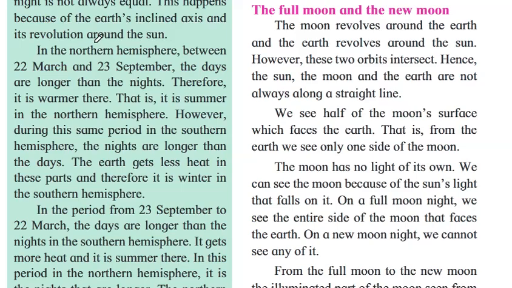In the northern hemisphere, between 22 March and 23 September, the days are longer than the nights.